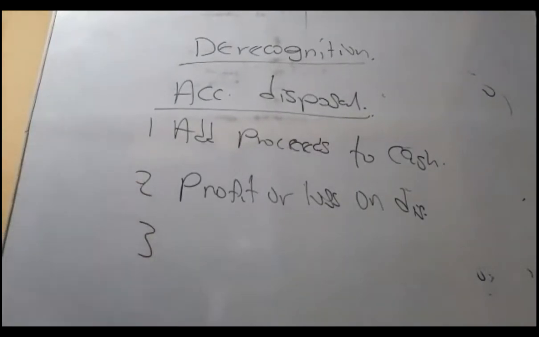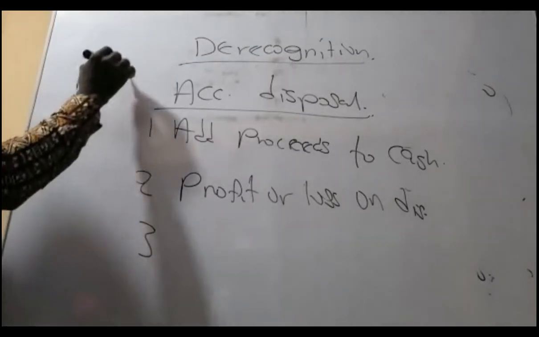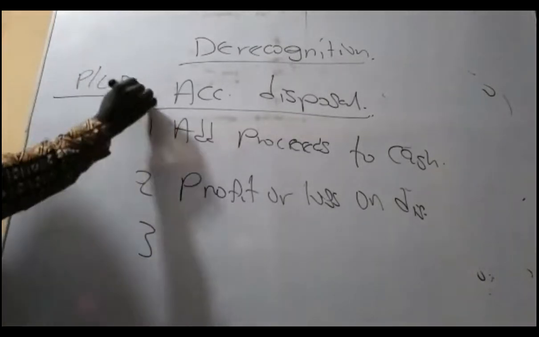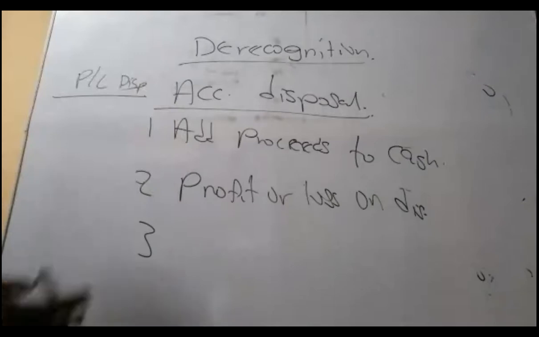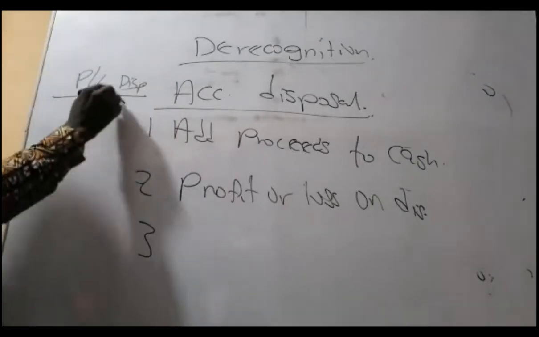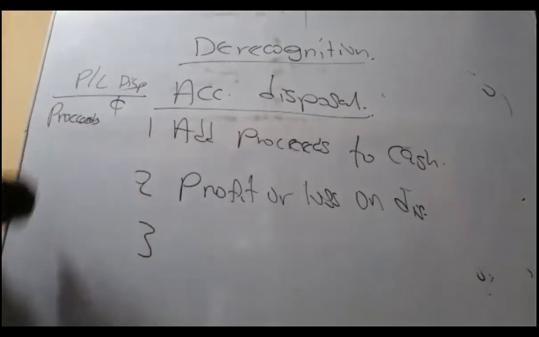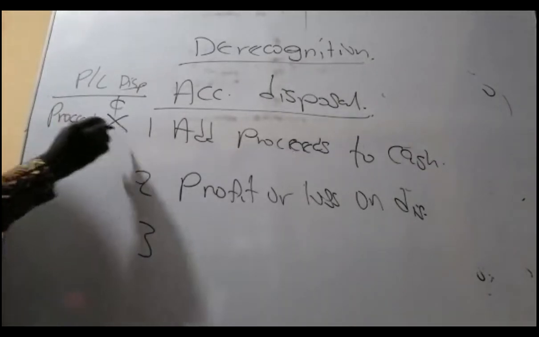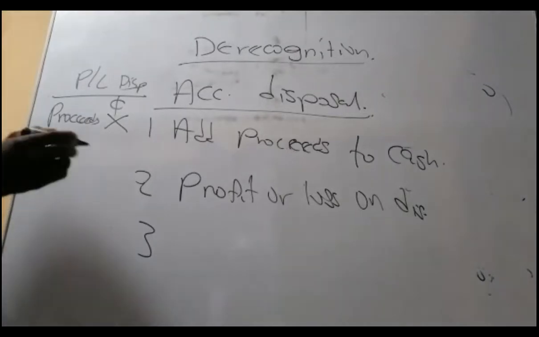So to get the P&L on disposal, compare two items: first, the proceeds, the same proceeds that you have recorded in your cash book, how much you obtained from the sale of the asset, less the carrying amount at the date of sale.